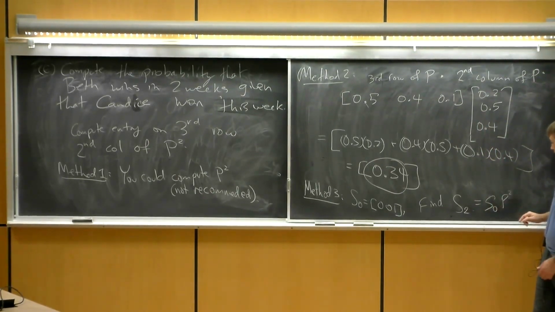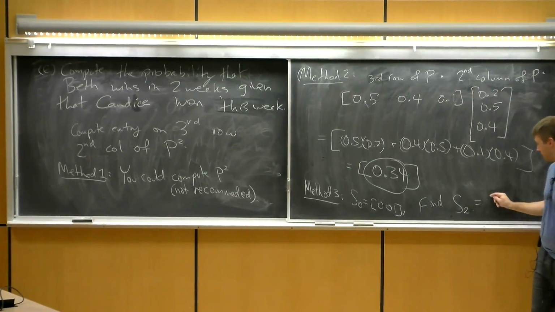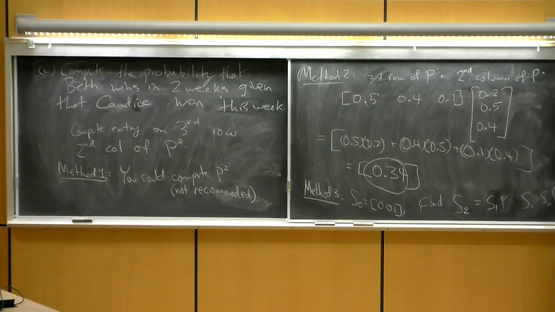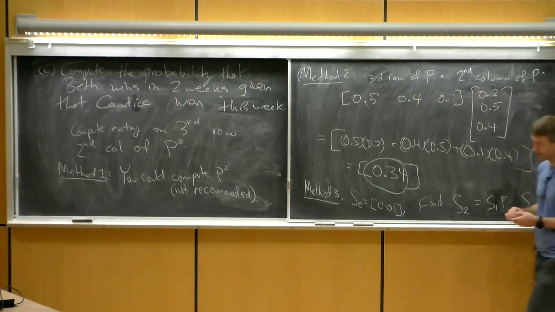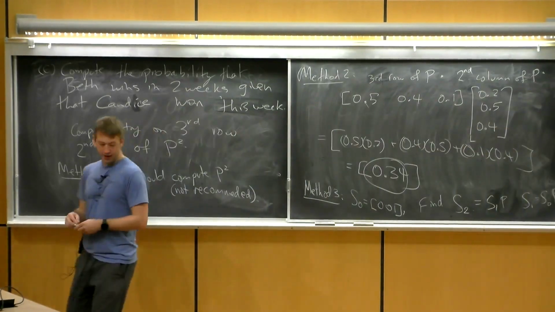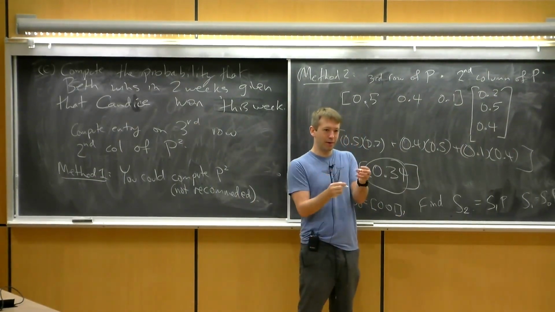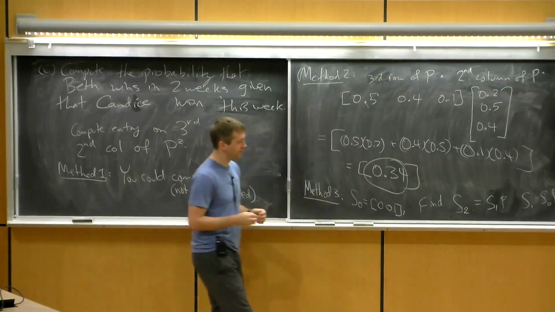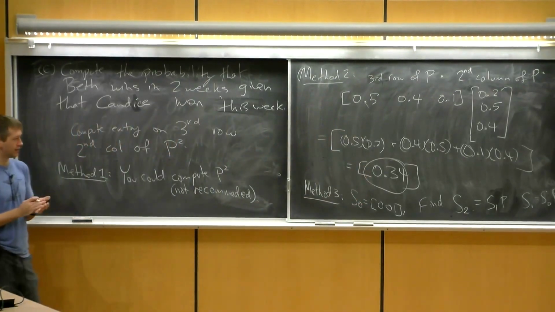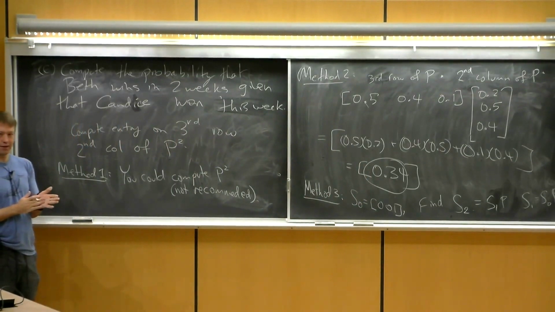Or in other words, it's S1 times P, where S1 is S0 times P. So to go from S0 to S1 is not too hard, and then from S1 to S2 is not too hard. So that would be another way to do it. And then once you found S2, you just look at the second entry, and that's the probability Beth wins in 2 weeks, right? Any questions about this?